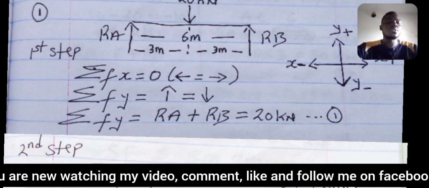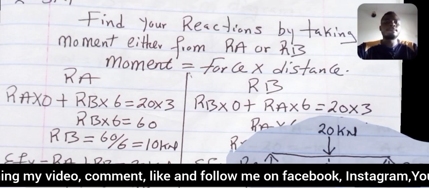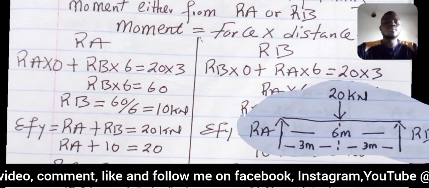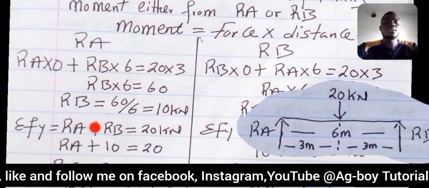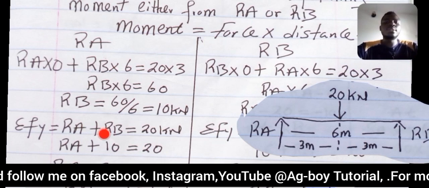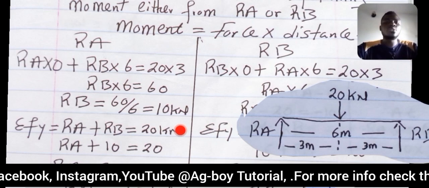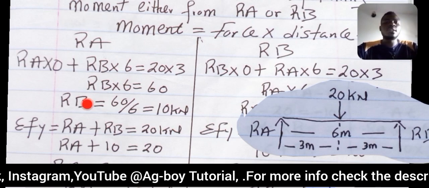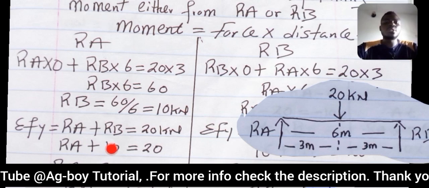Therefore, we bring back our equation 1, which is RA plus RB equals 20 kilonewton. Then what we have here, our RB is 10 kilonewton, so we have to substitute and make our RB here as 10 kilonewton.